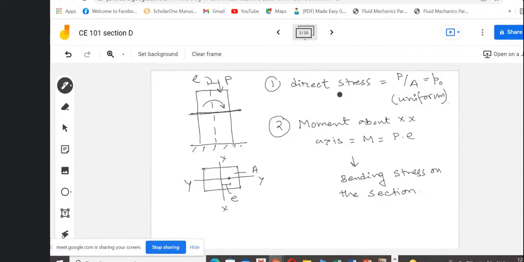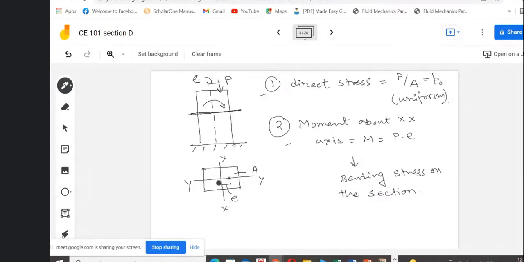As these two stresses, this direct stress and this bending stress due to this moment, are acting similarly on a plane or on a section, these two can be algebraically summed up. If both are plus, they will sum up. If one is minus, one will be reduced from the other.